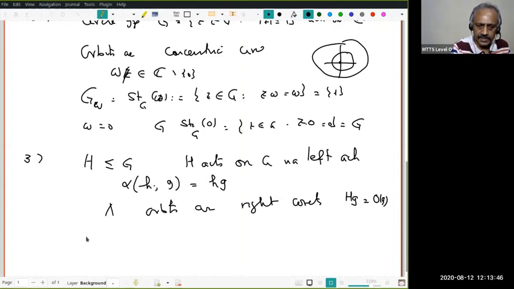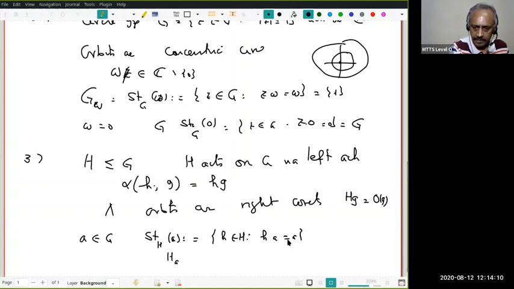So fix a point a in G. I want to know what is the stabilizer of a. Notice that I should actually denote it by H_a, not G_a, because H is the group which acts on the set X equal to G. This is the set of h in H such that h dot a equal to a.